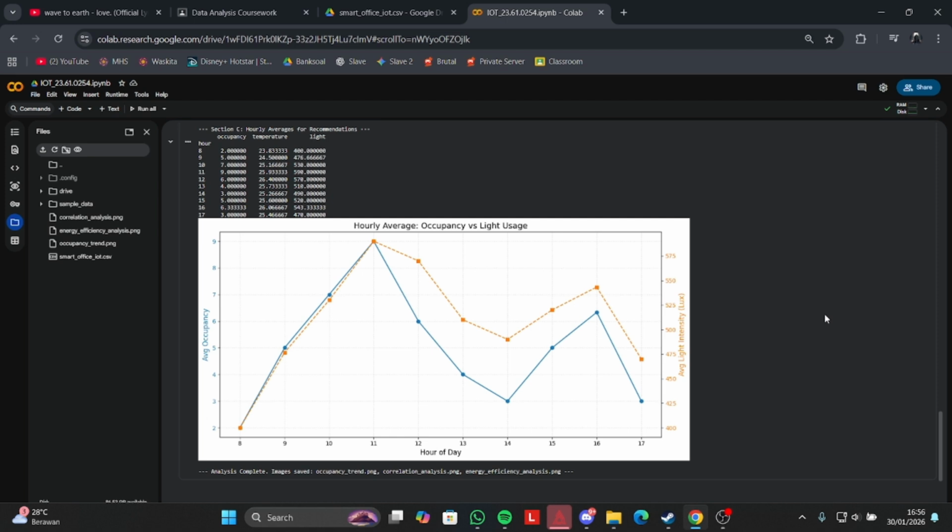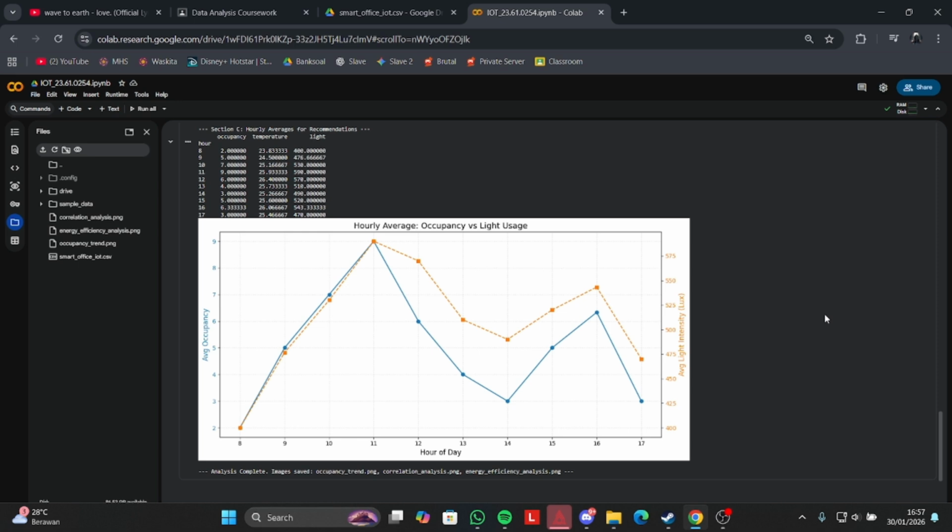First, the air conditioning usage should be reduced or the temperature set point relaxed during the 1 p.m. to 2 p.m. window. During this time, occupancy dropped sharply for lunch, yet the temperature data shows the room often remains cool as if it were fully occupied. Adjusting this could save significant energy without impacting comfort.